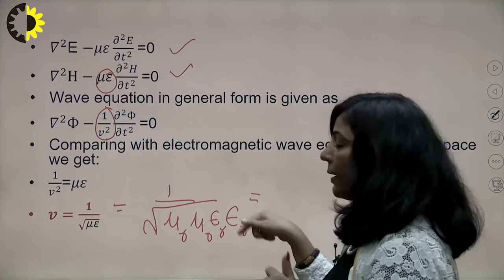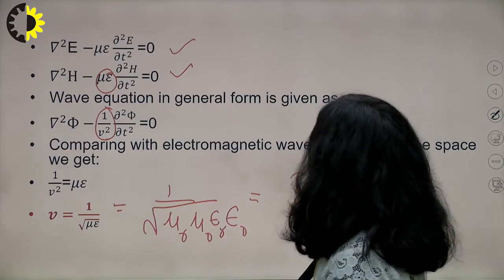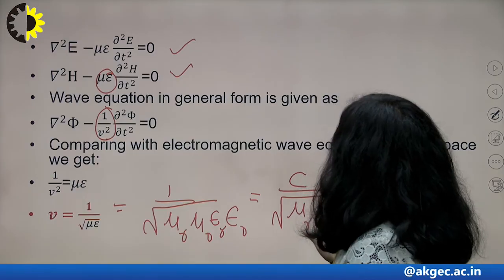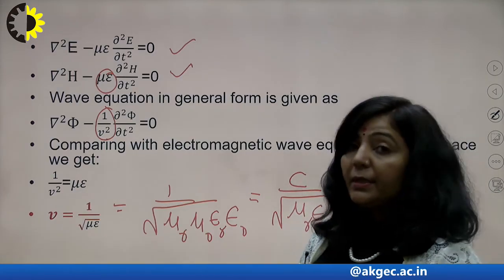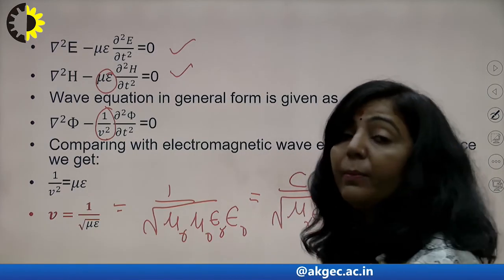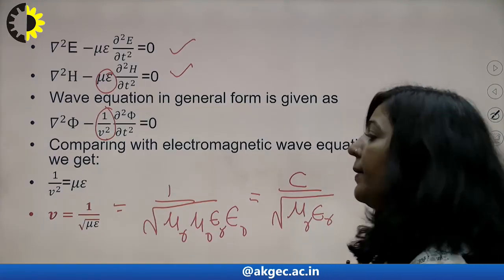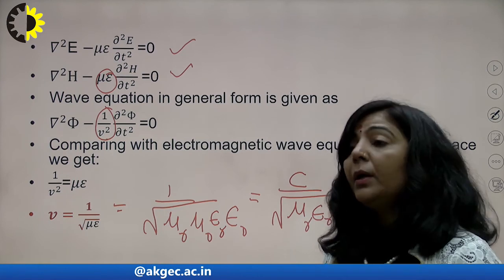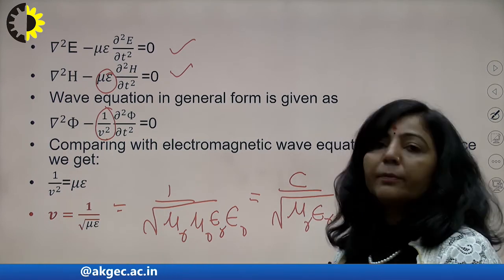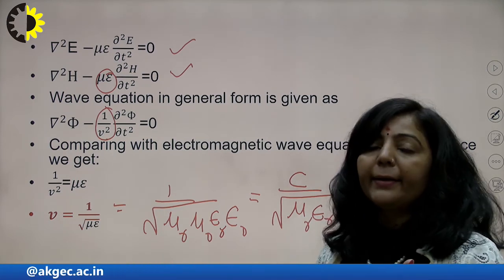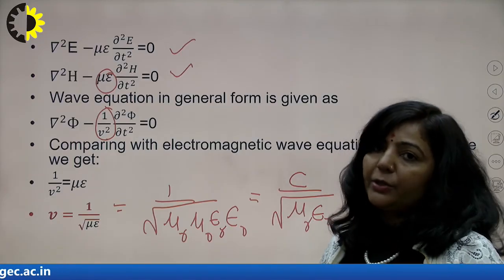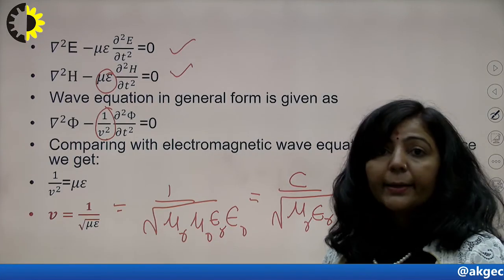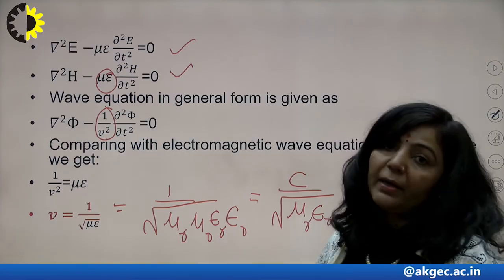And you know that 1 upon under root mu naught epsilon naught is C. So you can also represent the velocity as C upon under root mu r epsilon r, where mu r is the relative permeability and epsilon r is the relative permittivity. So I hope the propagation of electromagnetic radiations in vacuum is clear, in conducting medium is clear, and in dielectric medium is also clear.